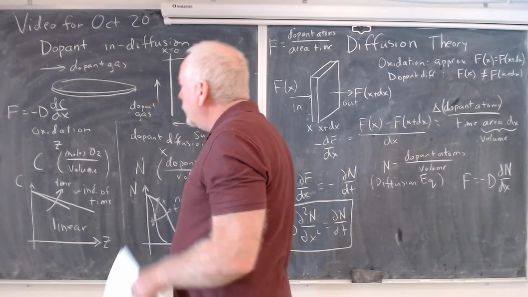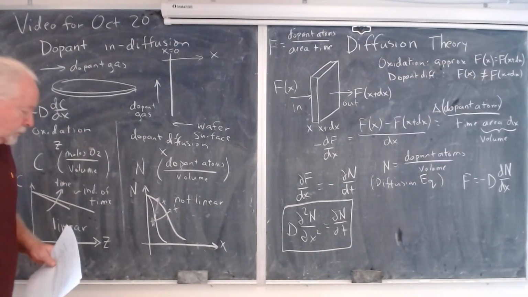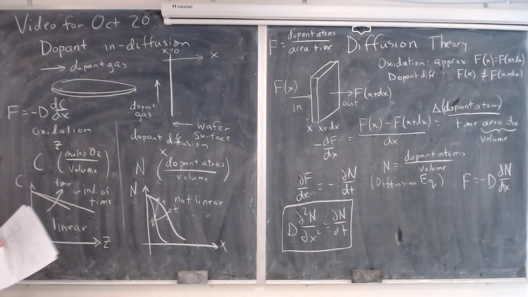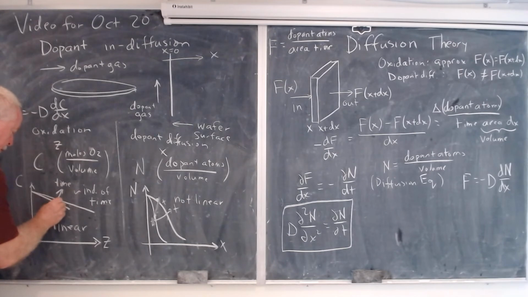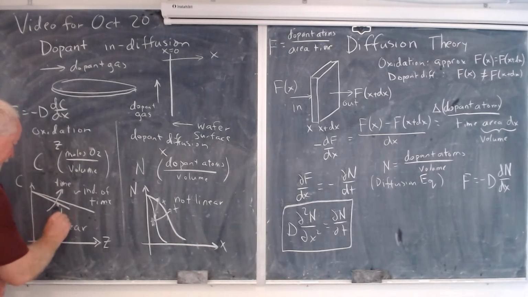All right, now let's get back to oxidation for just a second, because we didn't do that. I just told you it was a straight line. The reality is it's not exactly, because at a given point, this is t, and this is t plus delta t, for example.